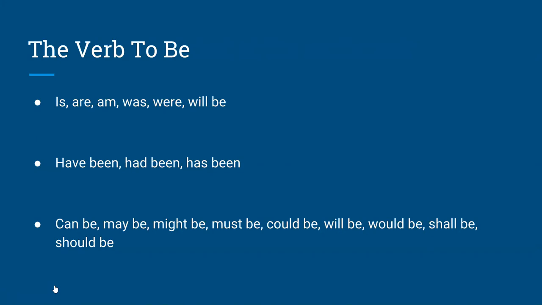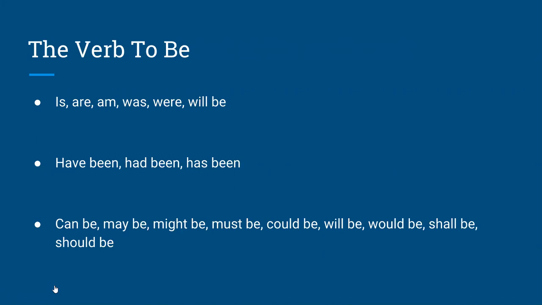So other forms of the verb to be are have been, had been, has been. So I have been, we have been, they have been, had been, and has been. And other forms, there are more, can be, may be, might be, must be, could be, will be, would be, shall be, should be.